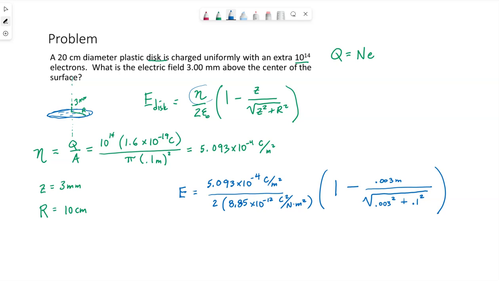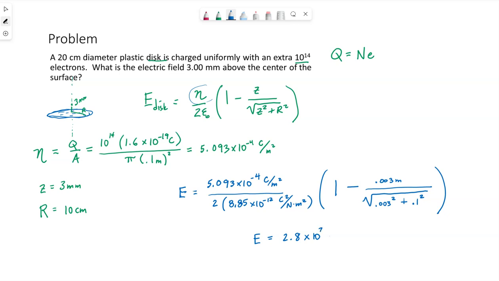I'm going to plug this all in. If I've plugged it in correctly, I'm getting 2.8 times 10 to the 7th.